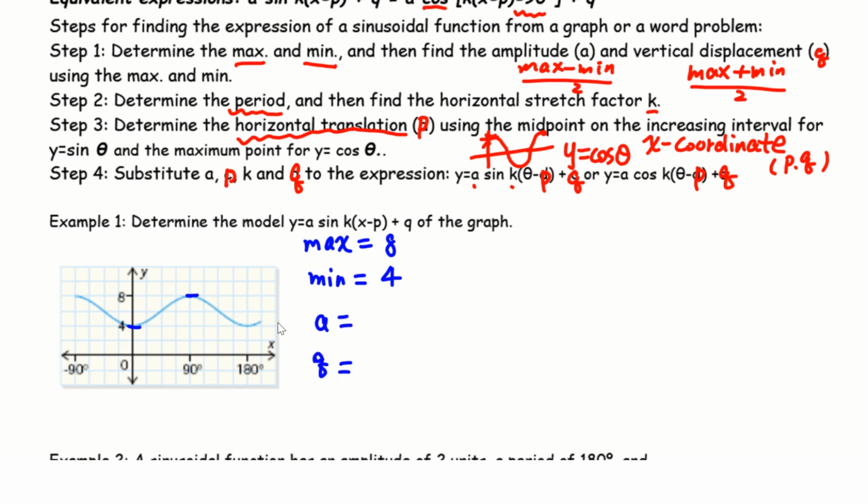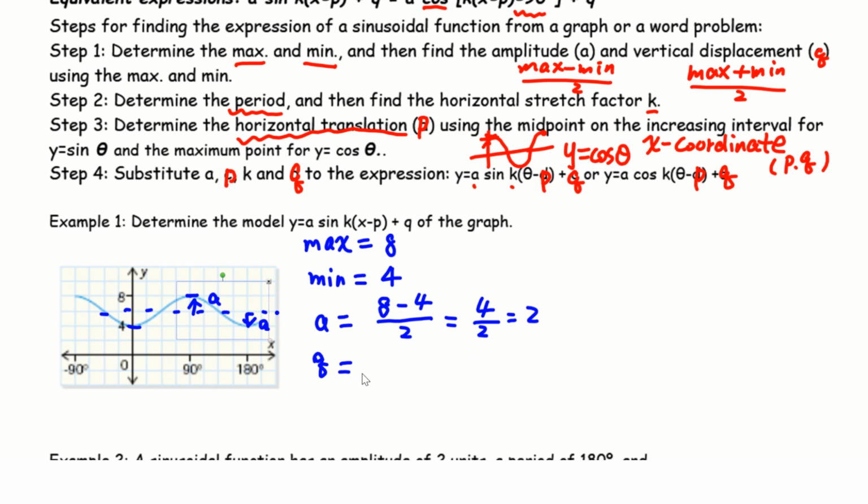The a value is overall height divided by 2. So from the middle, up to the maximum, down to the minimum, that is your a value. Maximum minus minimum divided by 2 gives you 2.